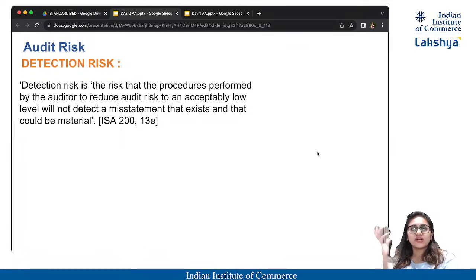Whenever there's a new joinee in the company, ideas might be many, but what will work and what will not will be understood once he applies them. There's always a trial and error phase also. So here the auditor might have a lot of procedures, but the procedures are not able to detect the mistake. So that is the detection risk.